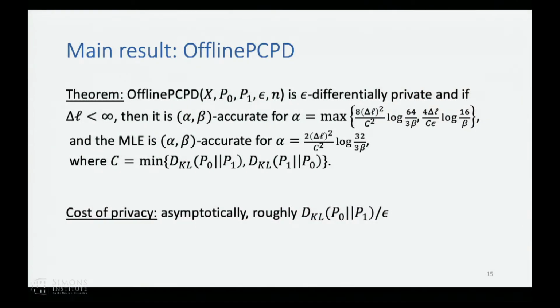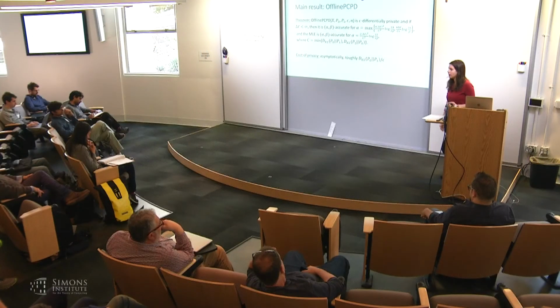There's a true change point time k star, and we produce a private estimate k tilde, and we want the absolute value difference between k tilde and k star to be at most alpha with probability 1 minus beta.